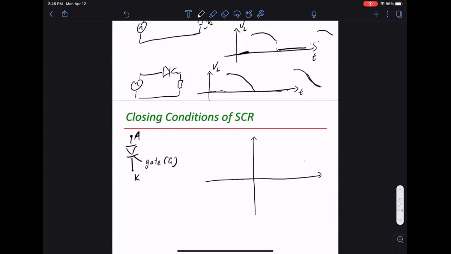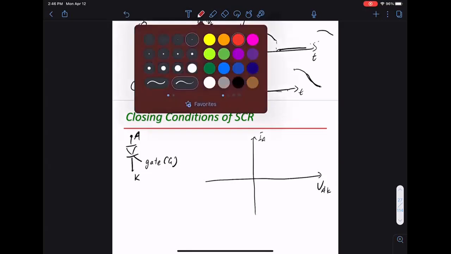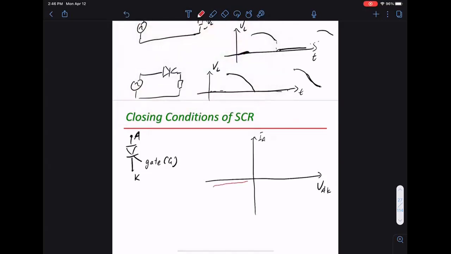So if you look at the voltage and the current, if it's negative, we still want the current to be very small. We want this to be essentially a diode, similar to a diode operation.